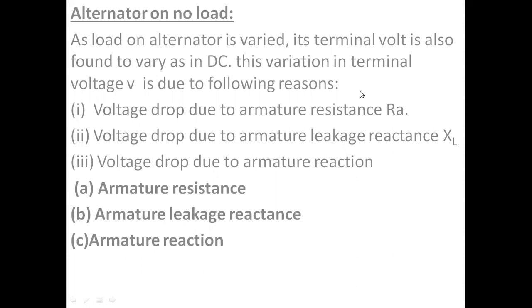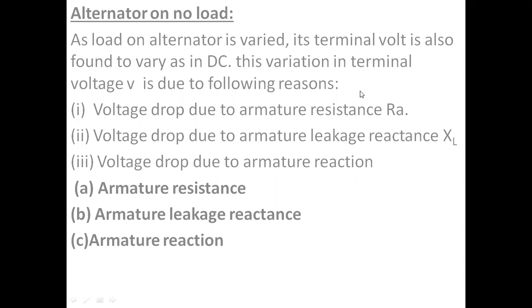And last one, voltage drop due to armature reaction. Okay, so what is armature reaction in DC generators? The same armature reaction will be in alternators also, AC generators also. The decrease of main MMF or the decrease of main flux due to the flux in the armature is called armature reaction.